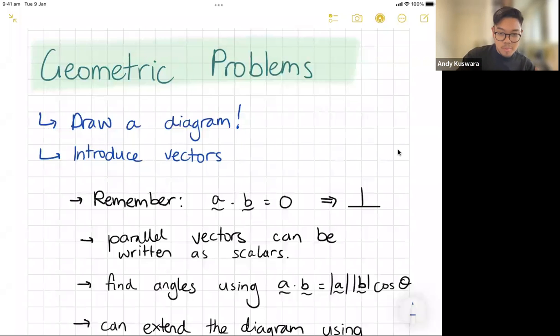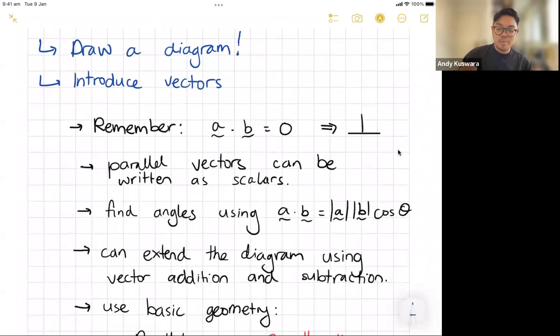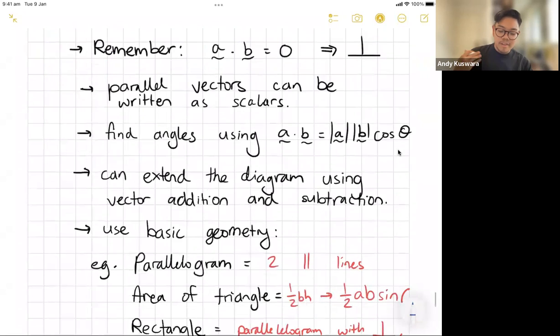Okay. Also, a couple of things here. Remember that if you dot product two vectors and it equals 0, we are given perpendicular lines. Parallel vectors can be written as scalars. So that means if we've got two parallel vectors, one can be written as a multiple of the other, so it's kind of like terms.